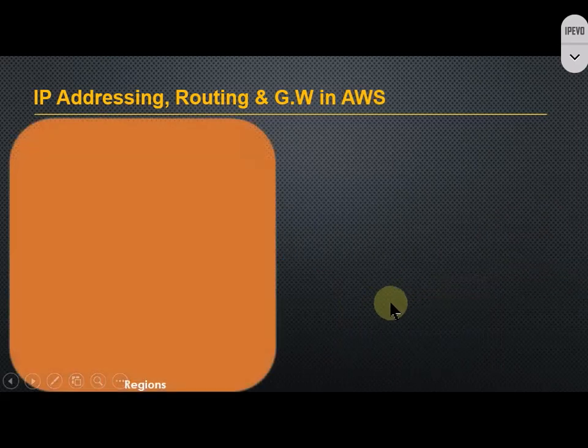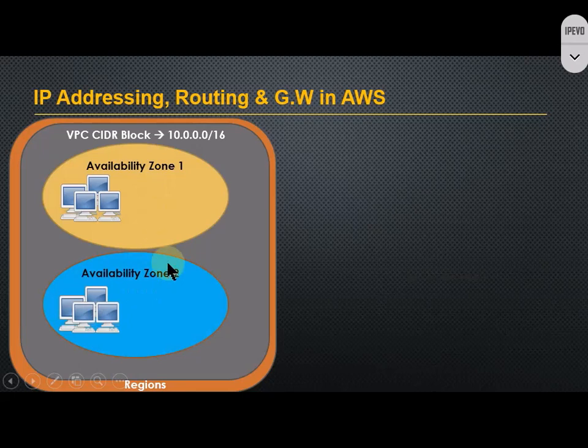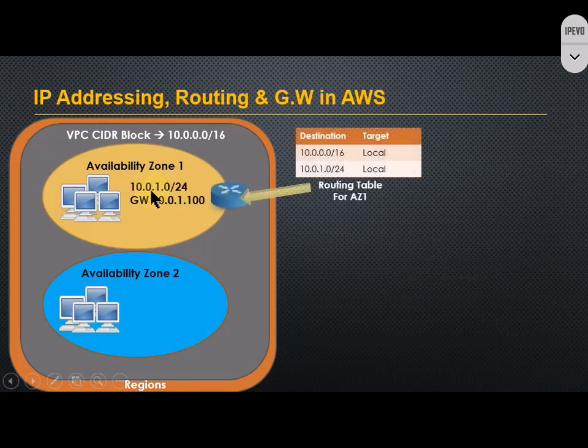But in case of AWS, we have regions. If I take you back, as you can see, we have regions. Then inside a region we have the VPC CIDR block 10.0.0.0/16. Then we have two availability zones, and an availability zone will have IP address 10.0.1.0 with gateway 10.0.1.100, and it will have a routing table for AZ1, as you can see.